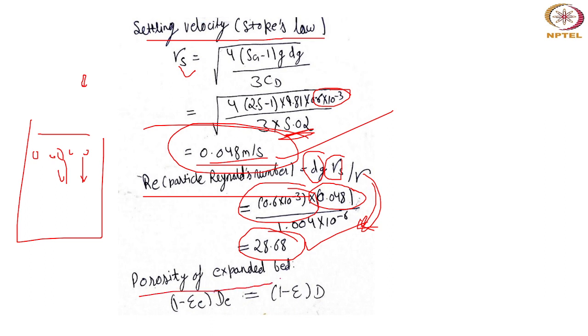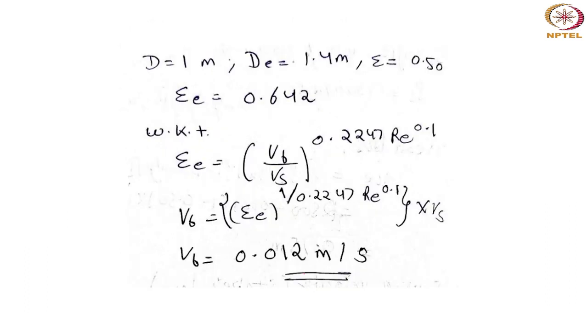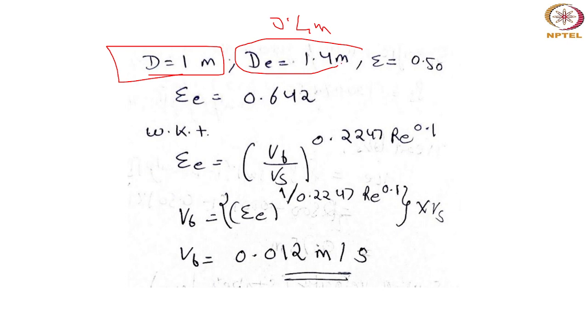Now the porosity of the expanded bed, you can write this formula. This is very easy. 1 minus epsilon E, the porosity of the expanded bed, multiplied by dE, the expanded depth, equals 1 minus epsilon, the unexpanded bed porosity, multiplied by its depth. In the unexpanded case the depth was 1 meter, and in the expanded case the expansion is 0.4 meter, so the total depth will be 1.4 meter, 1 plus 0.4.